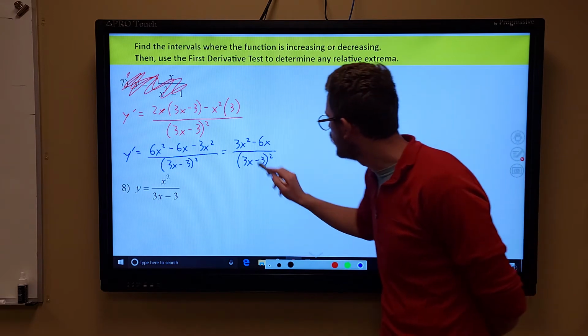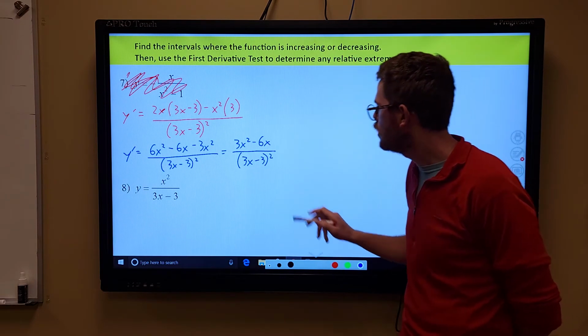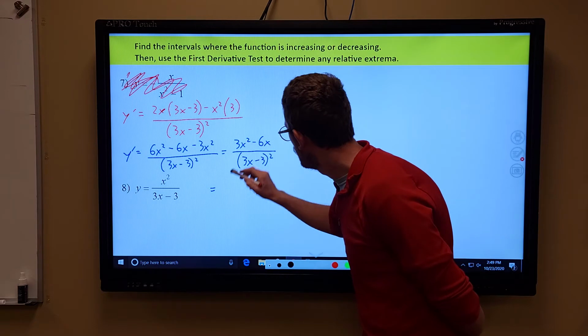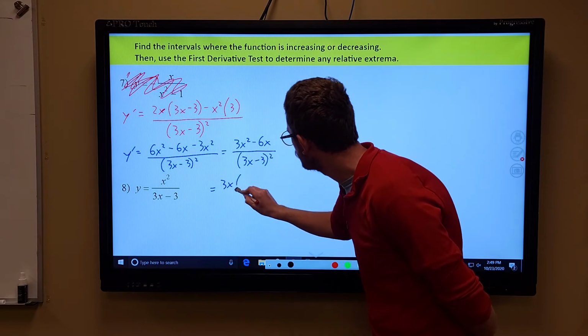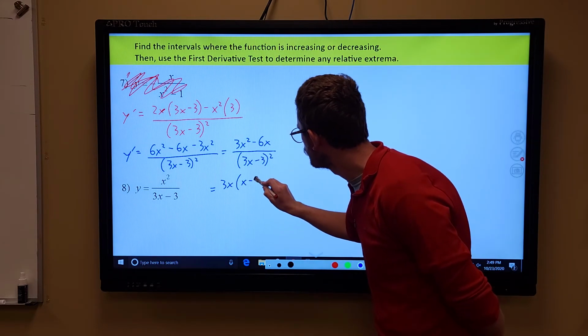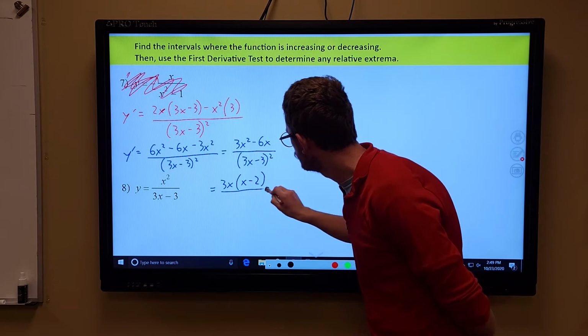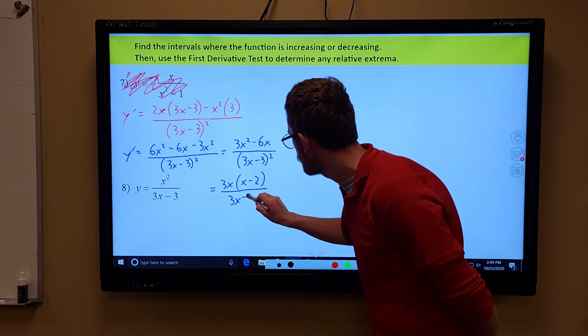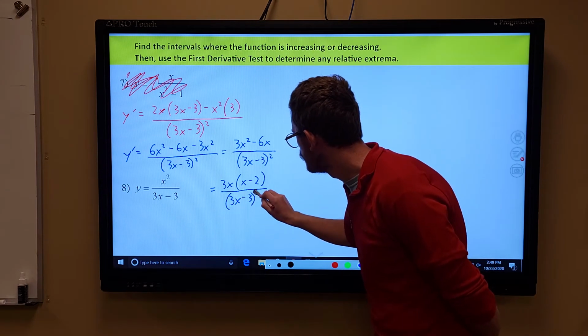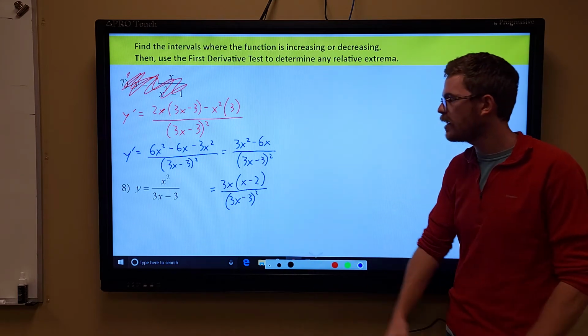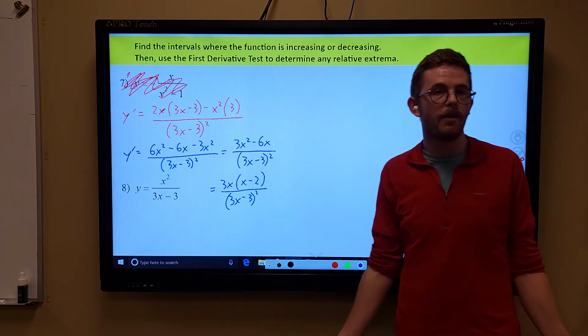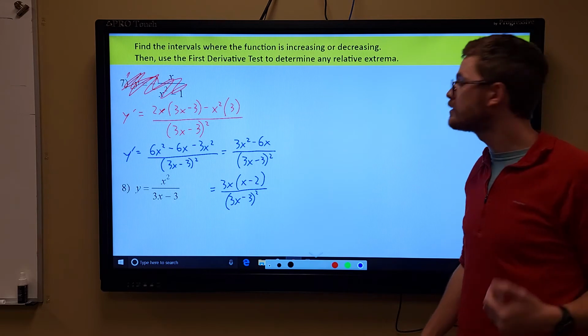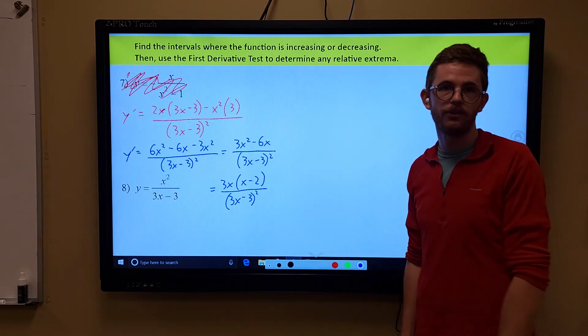And just for my own happiness, I'm going to factor out a 3x on the top, leaving me with x minus 2. So nothing cancels out, but it's kind of nice to see the numerator and the denominator factored. It's nice for me. Maybe it's nice for you too.